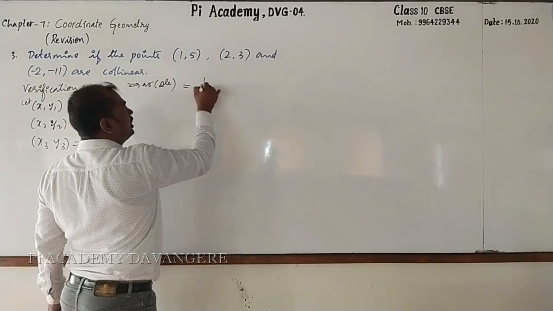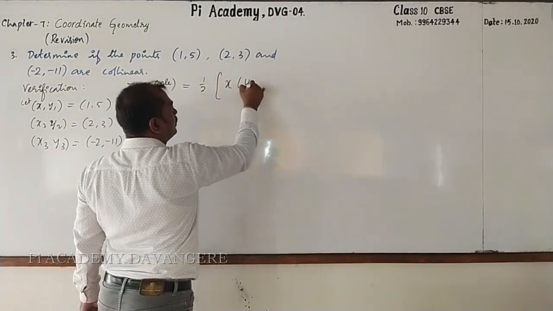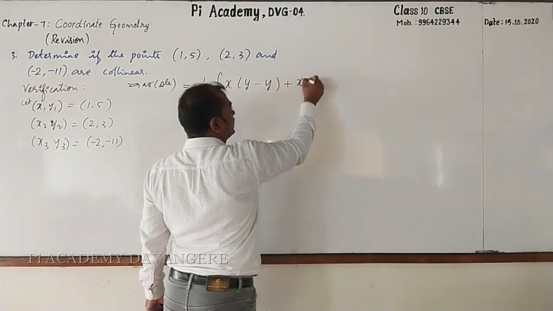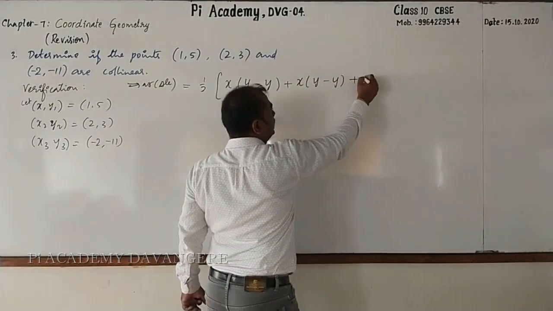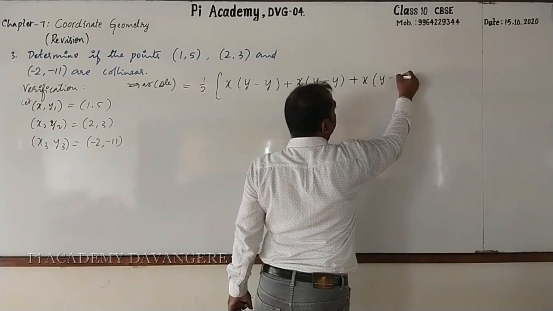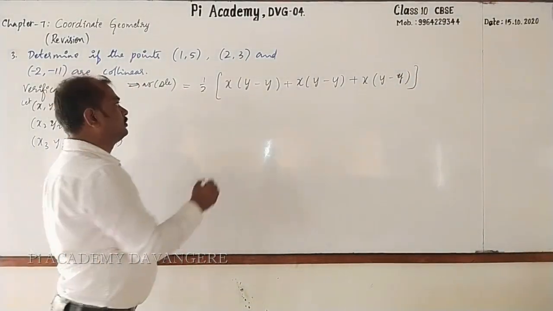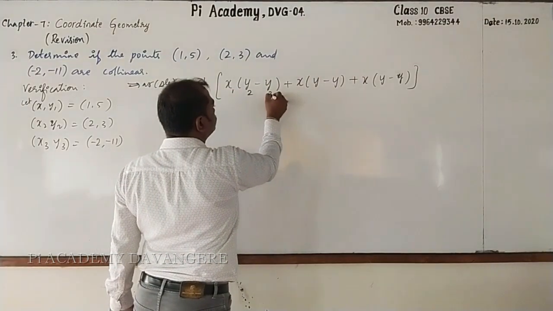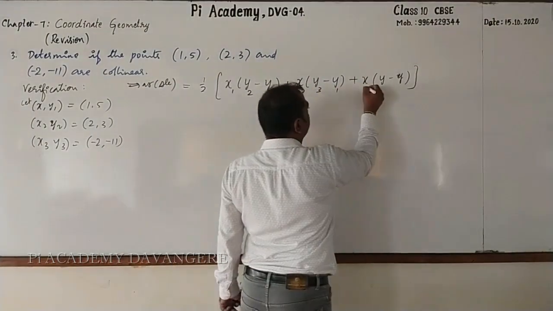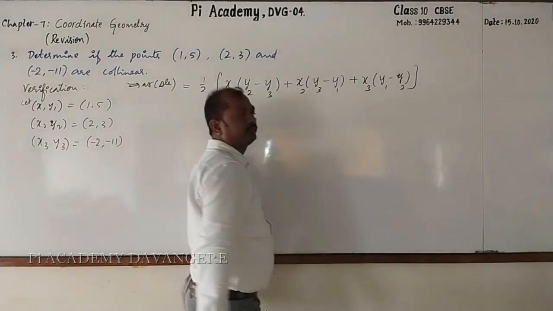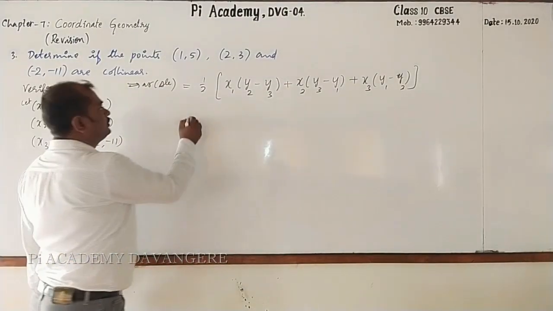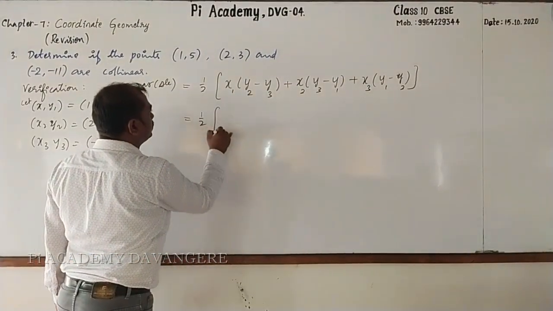It is half into x1(y2 - y3) plus x2(y3 - y1) plus x3(y1 - y2). Then use cyclic numbers. What are these? 1, 2, 3. 2, 3, 1. 3, 1, 2. Followed?